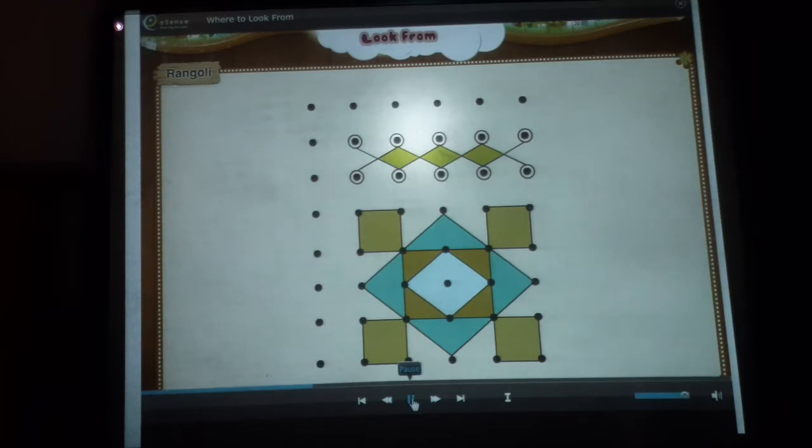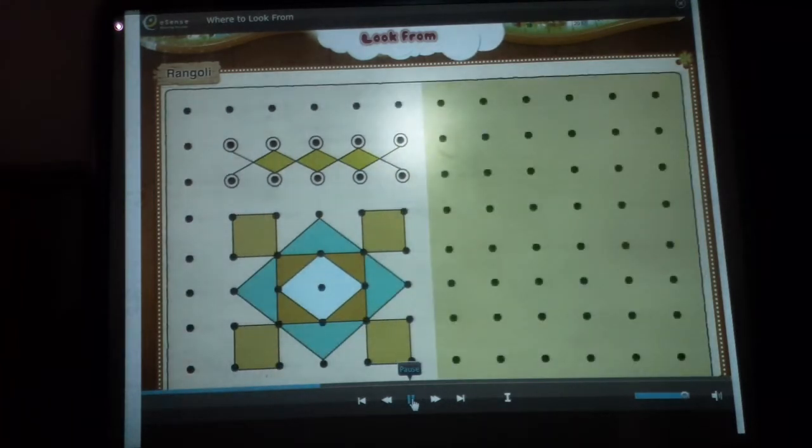Observe the rangoli shown here very carefully. Here, to make the patterns, dots are given. Also, 2 samples of rangoli are drawn. How are these patterns made? Let's have a look at it once again.